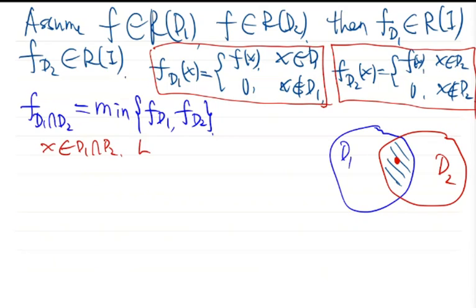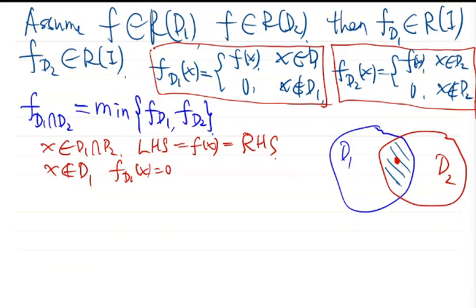So if x is not in the intersection, suppose x is not in D1. x not in D1 means f D1 of x is 0. Therefore, the right hand side is 0.